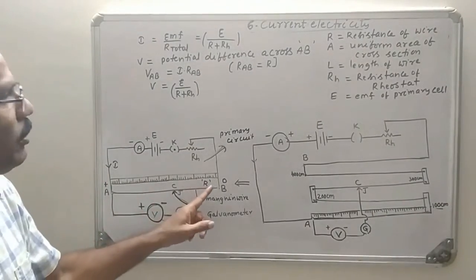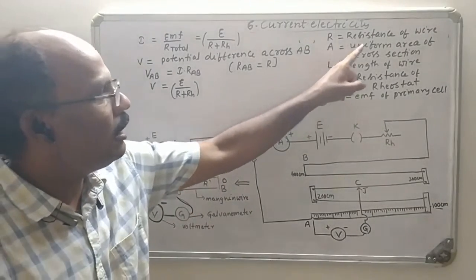The length of the potentiometer wire is capital L and A is the area of cross section.